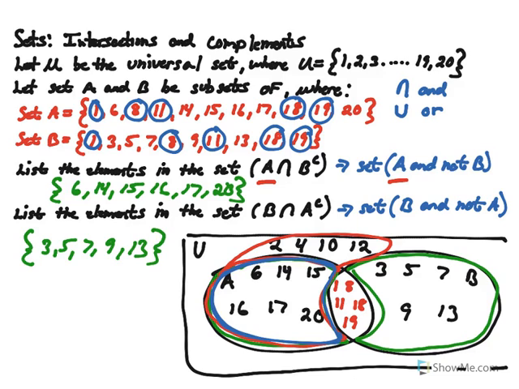If you list all of the elements in B that are not in A, then you're going to have all these elements right here. But if you're including all those elements, you need to include the elements in the universal set as well.